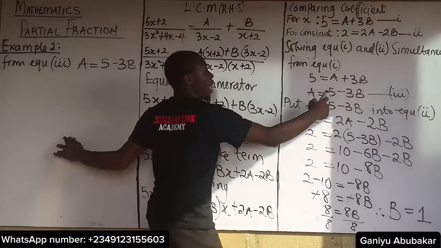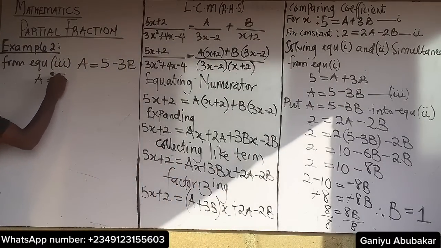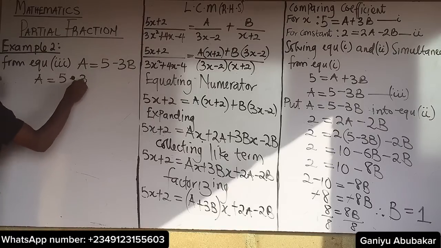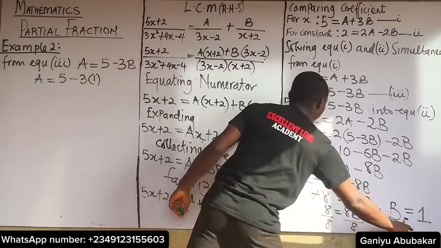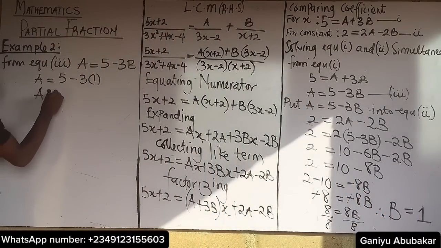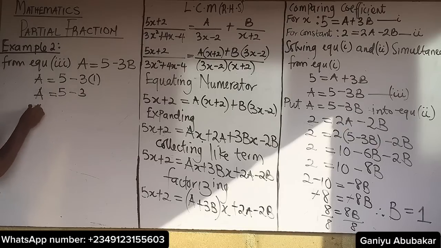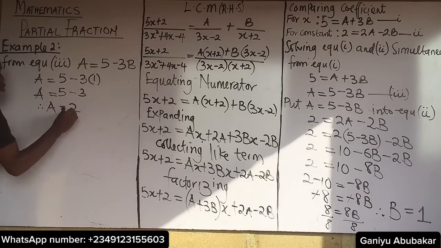So it means that my a will be equal to 5 minus 3 into b. What's b? We just said b is equal to 1. So mathematically a is equal to 5 minus 3 times 1, which will give 2. Therefore, a is equal to 2.